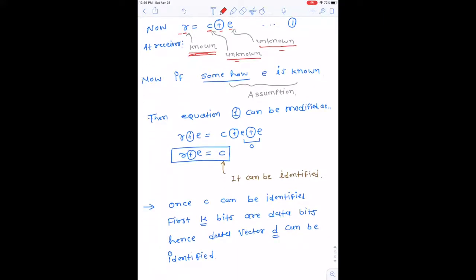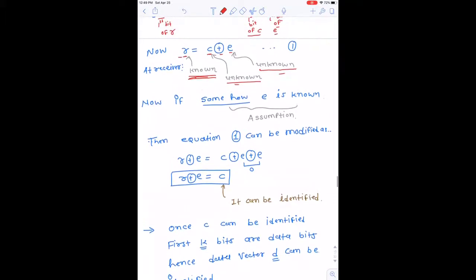Now we have to think in reverse order. R is available at the receiver, and from R we have to detect C. So how can you get this? Assume that somehow you make some mechanism so that the vector E is known at the receiver after some processing.